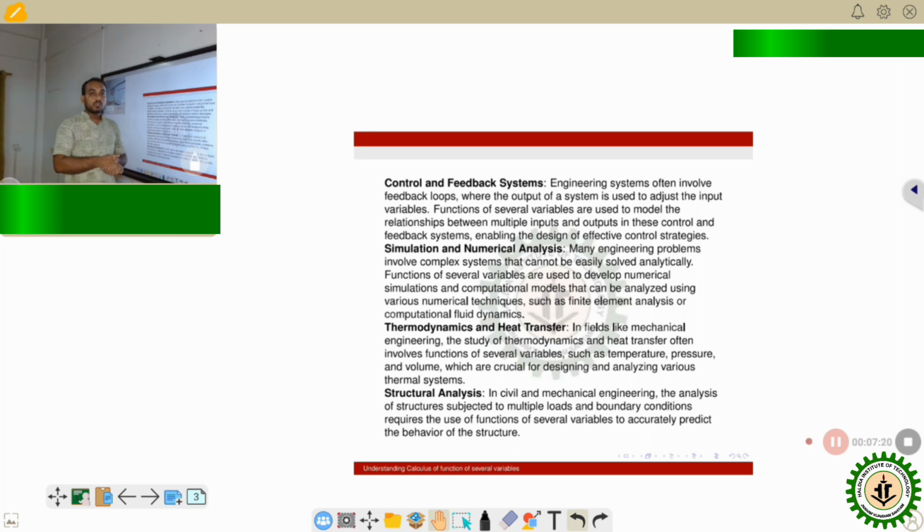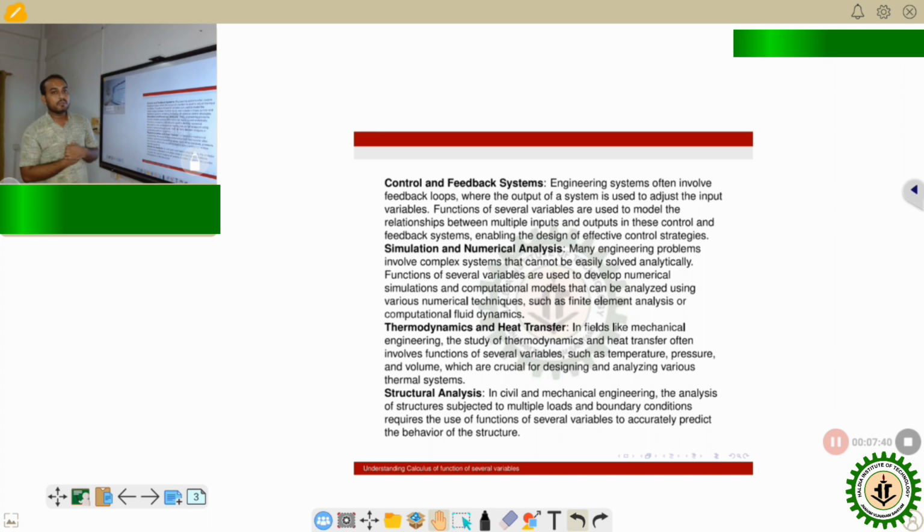So functions of several variables are in the engineering syllabus basically to understand several real life problems in terms of mathematics, which can be treated in the sense of functions of several variables.